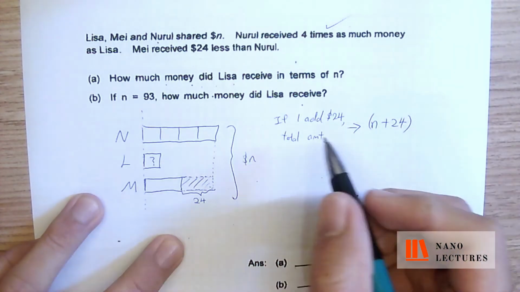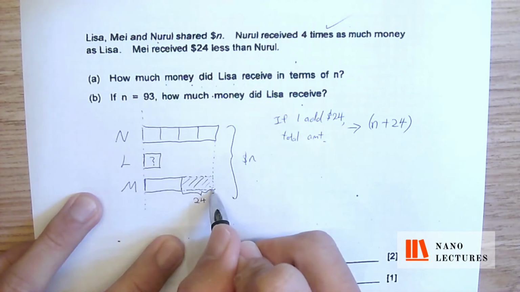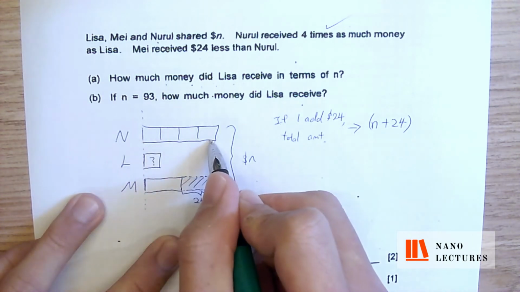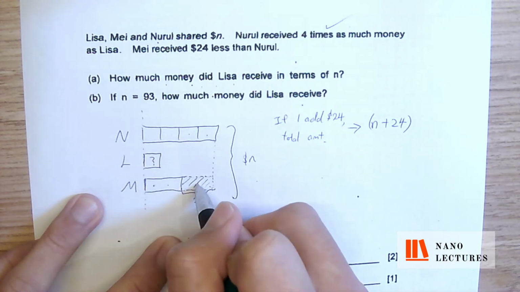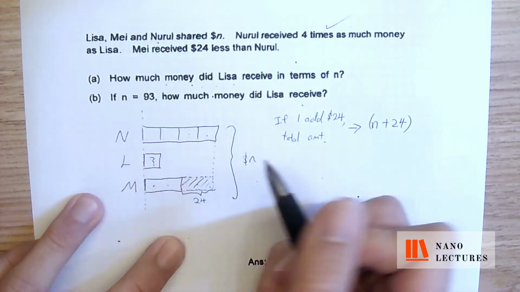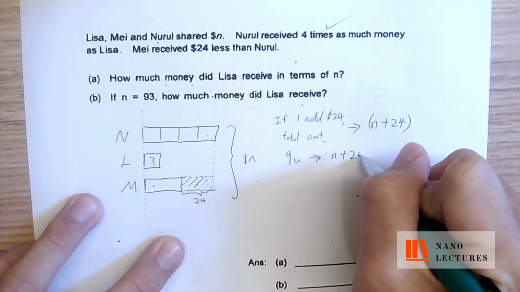Do you realize that if I add this $24, this entire bar will be the same length as this entire bar? Which means now I have 1, 2, 3, 4, 5, 6, 7, 8, 9 units. This tells me that 9 units is N plus 24.